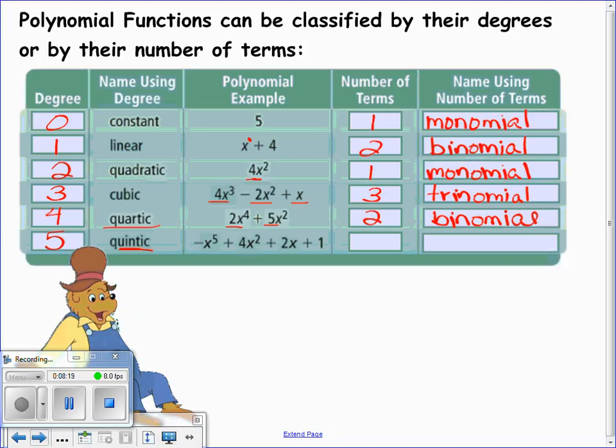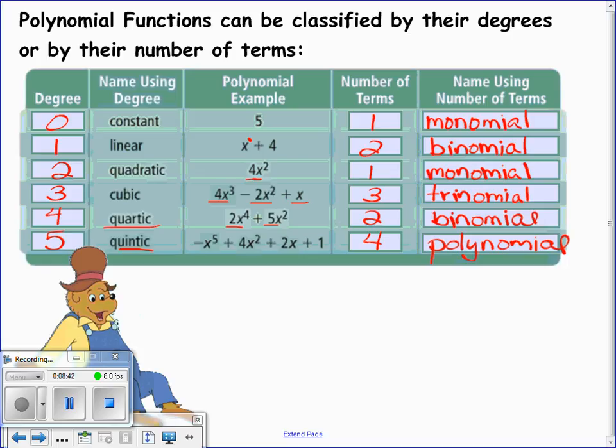I totally missed this. All right, how many terms is this one? 4. It's a polynomial. There are specific names for monomial, binomial, trinomial, and then anything else is just polynomial.